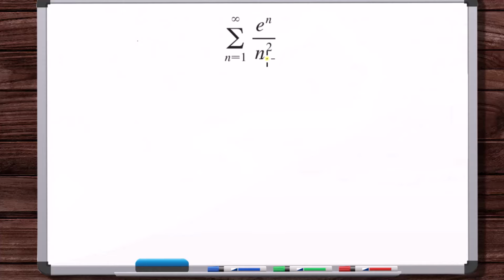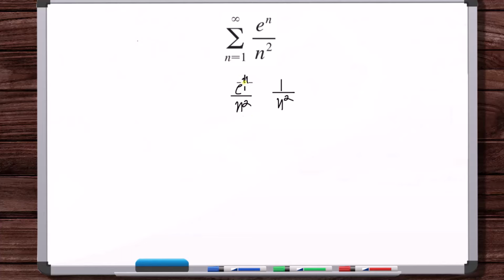Looking at this, I see something over n squared, and my mind thinks about a p series. 1 over n squared is a p series. How is that related to e to the n over n squared, going from 1 to infinity?